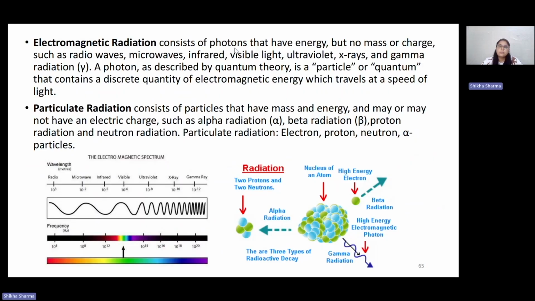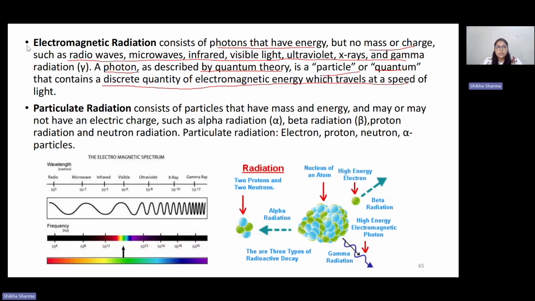Electromagnetic radiation consists of photons that have energy but no mass or charge, such as radio wave, microwave, infrared, visible light, ultraviolet, X-ray, and gamma rays. A photon is described by quantum theory as a particle or quantum that contains a discrete quantity of electromagnetic energy, which travels at a very high speed, the speed of light.